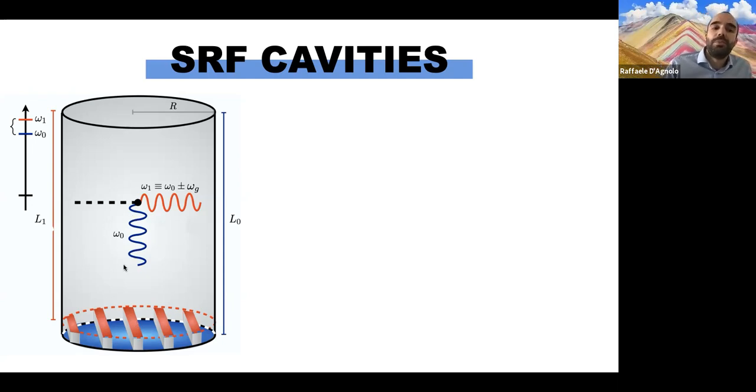So we are going to imagine to build a cavity in such a way that there are two modes, this one at omega 0 and this one at omega 1, that are relatively close to each other in frequency. So their splitting is smaller than the typical splitting with the other modes. And we put electromagnetic energy in this mode at frequency omega 0, and then a gravitational wave hitting the cavity can move some of this energy into the other mode at a higher frequency.